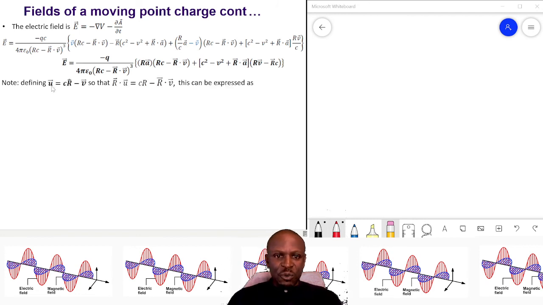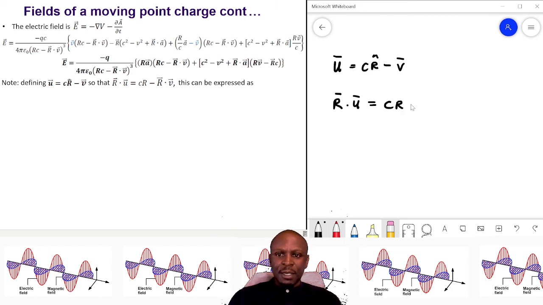Now if you define the vector U as C, the unit vector R minus V, so that when you take R dot U, it will give us CR minus R vector dot V. Right. So that's what you are going to have in there.